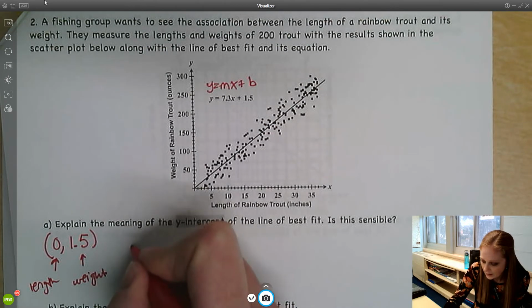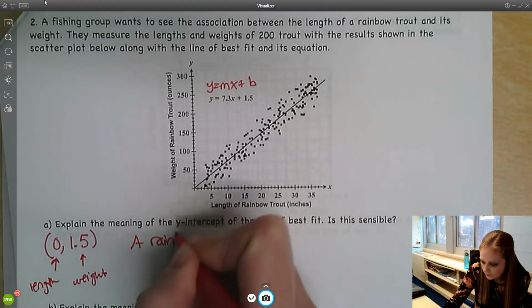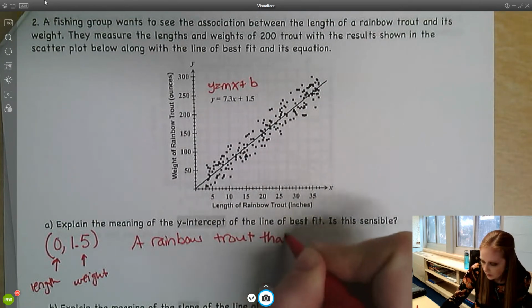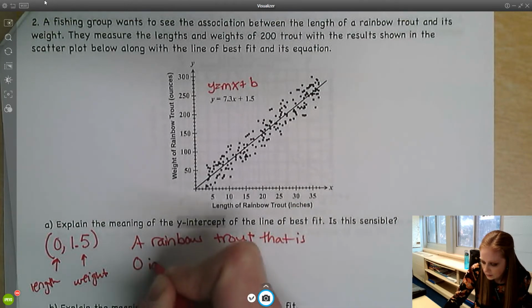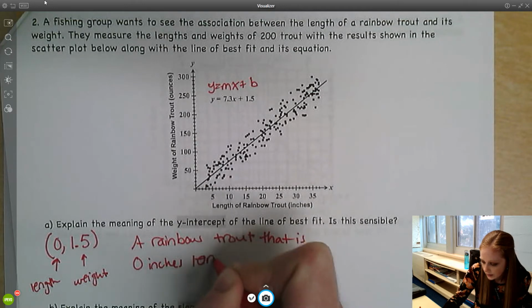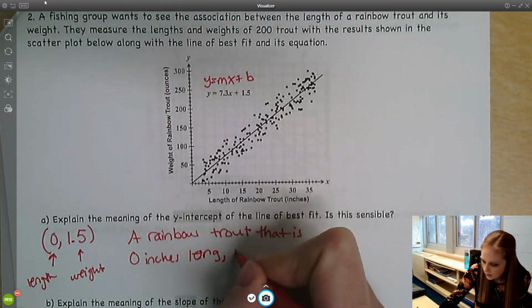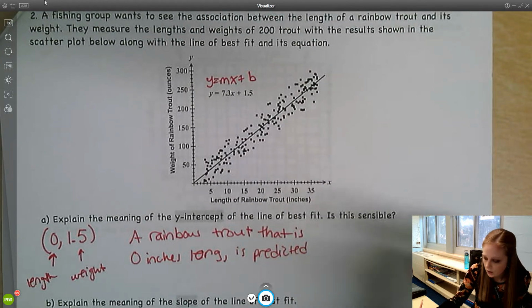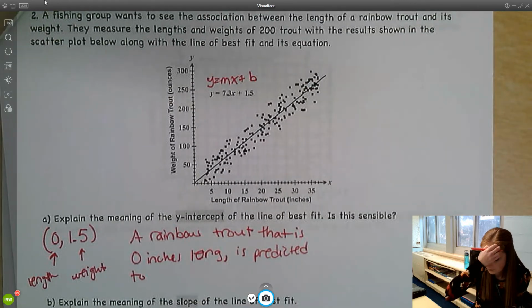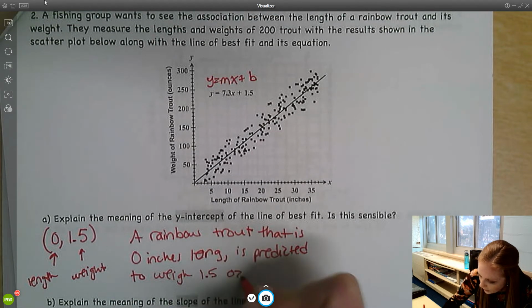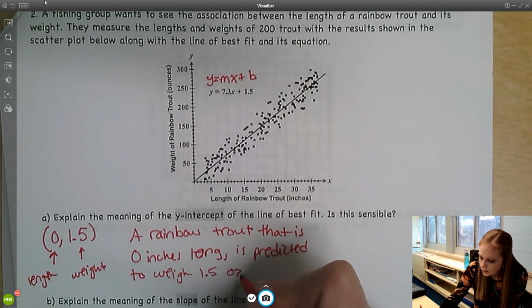So what this is saying is that a rainbow trout that is 0 inches long, right? 0 inches in length is predicted based on this trend line to weigh 1.5 ounces.